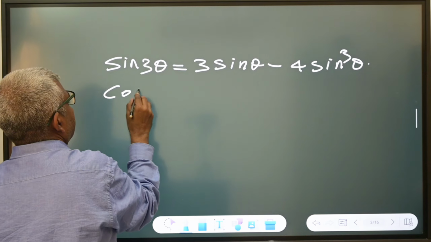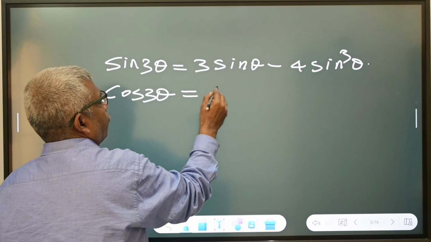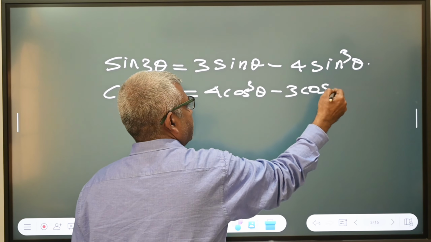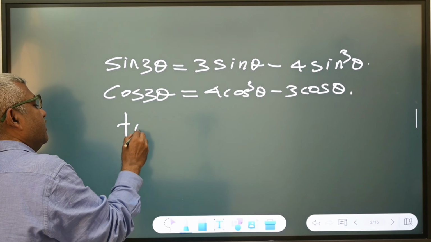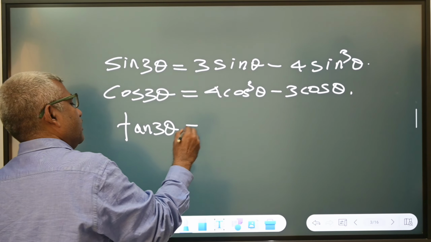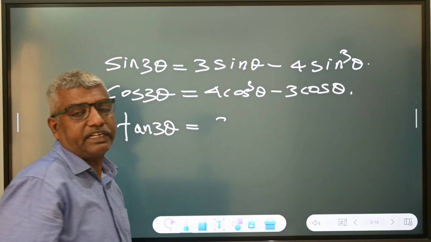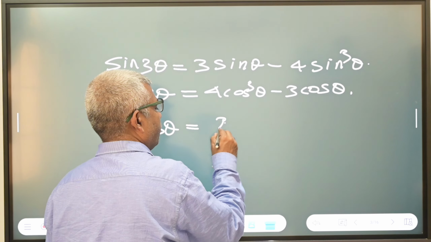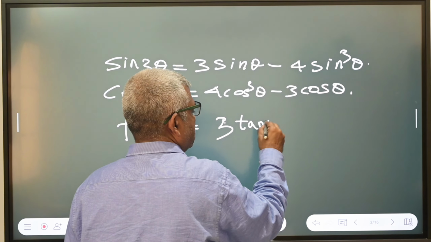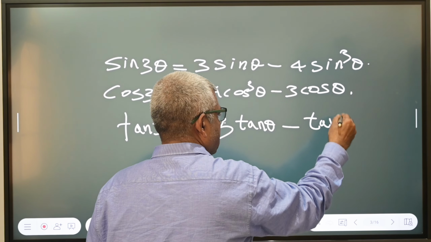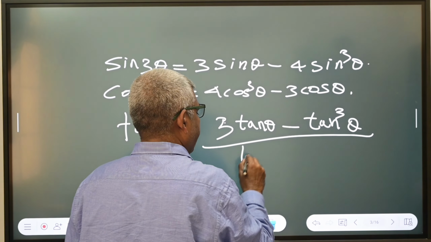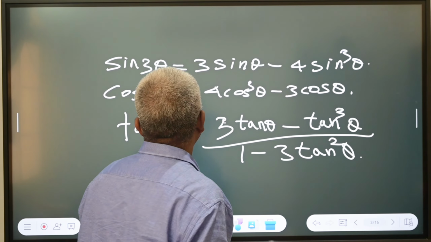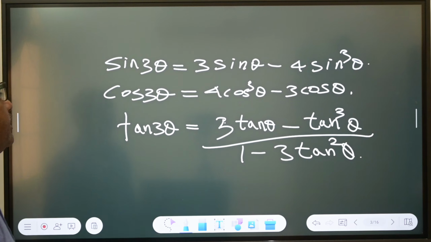Cos 3 theta, 4 cos cube theta minus 3 cos theta. Tan 3 theta, we have already seen, is 3 tan theta minus tan cube theta by 1 minus 3 tan square theta. Got it? These are the formulas.